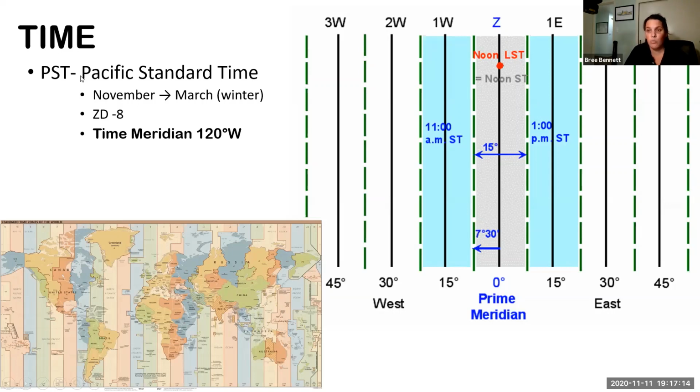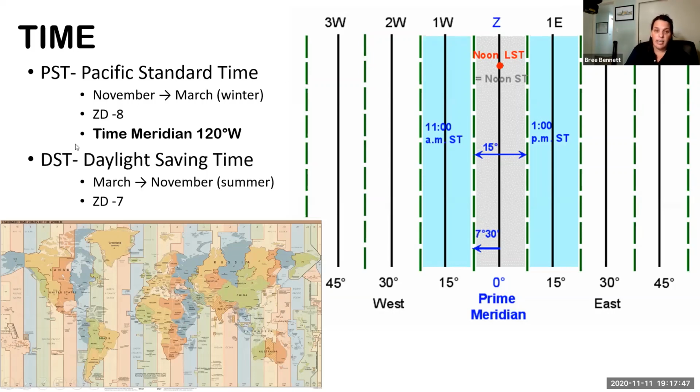That is what time we hold. From November to March, our Pacific Standard Time is -8, so our central time meridian is 120 degrees west, with 7 degrees and 30 minutes on each side.